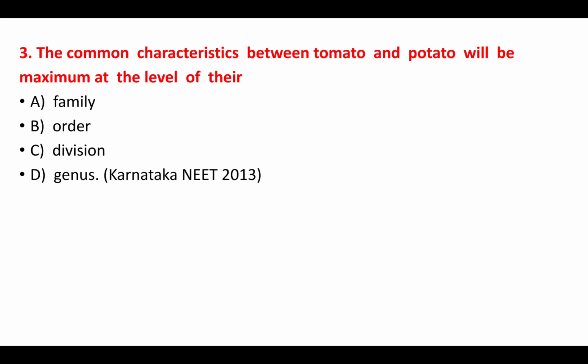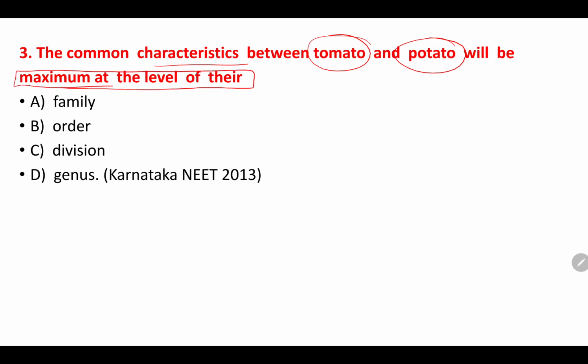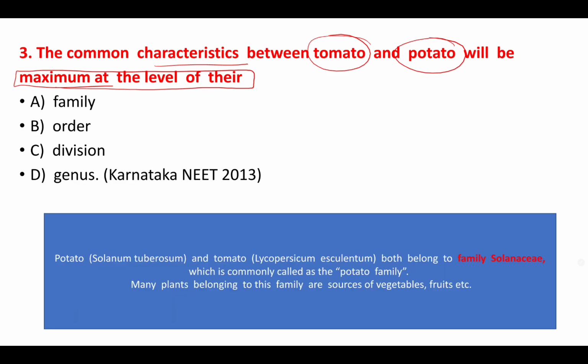Let's move to the third question. The common characteristics between tomato and potato will be maximum at the level of their. See, before answering this question, you have to know the potato, that is Solanum tuberosum, and tomato, that is Lycopersicum esculentum.